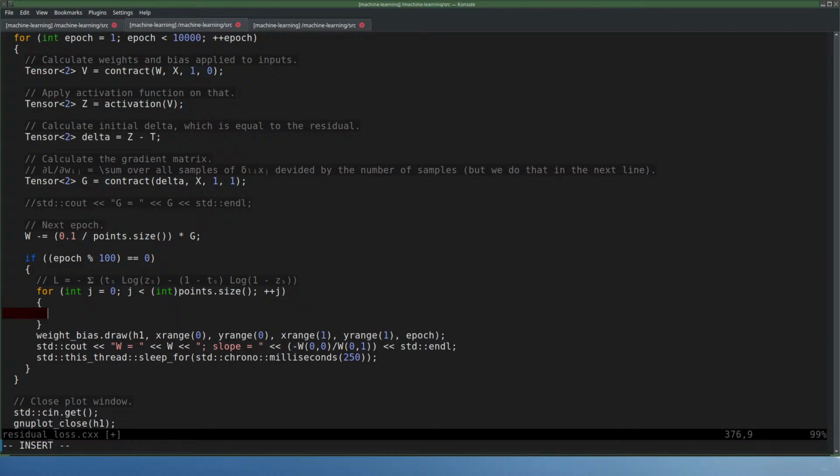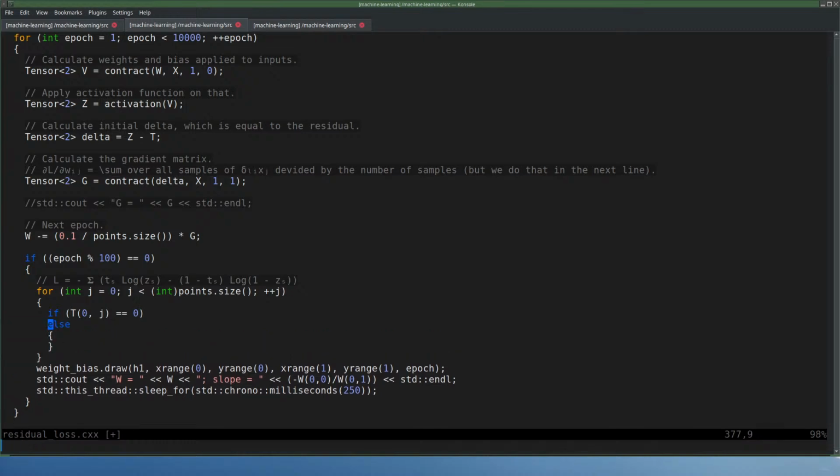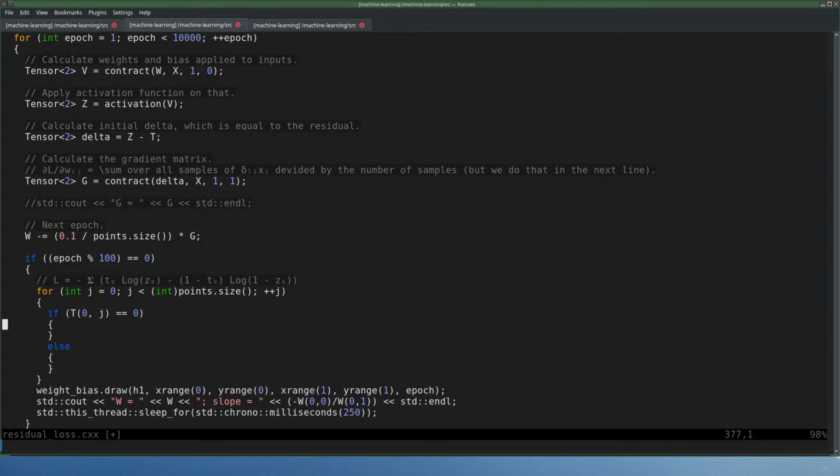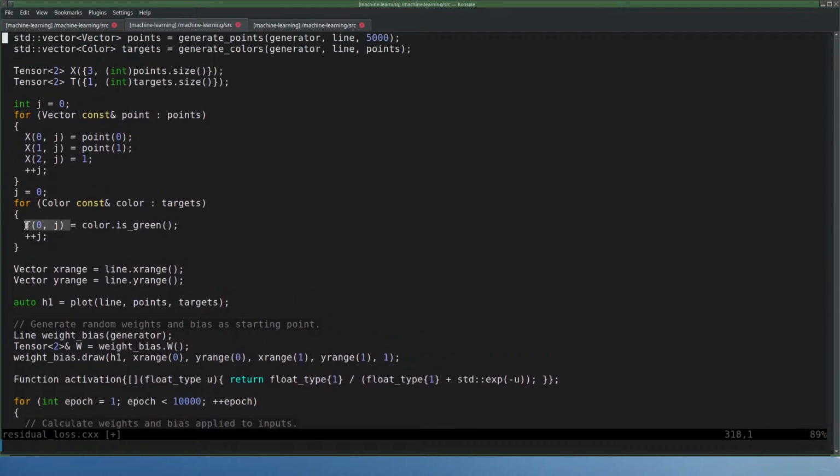And then if the target equals 0, else, because that's my t. And then x 0 and 1 comma j are my points apparently.